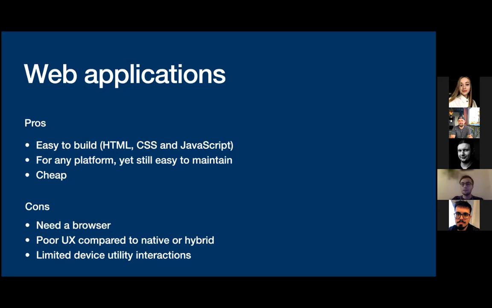You can immediately notice how button presses, scrolling, and animations and so on feel not as good in the browser as they do in the native application installed on your phone. And manually reaching the same level of interactivity and responsiveness in web as you got out of the box in native is really challenging. And the last thing is that device utility interactions are very limited.